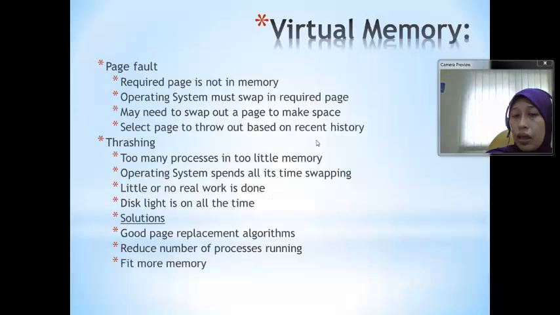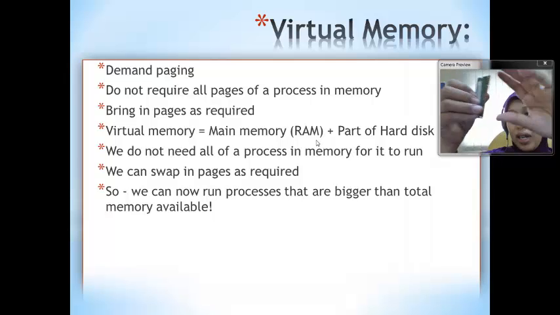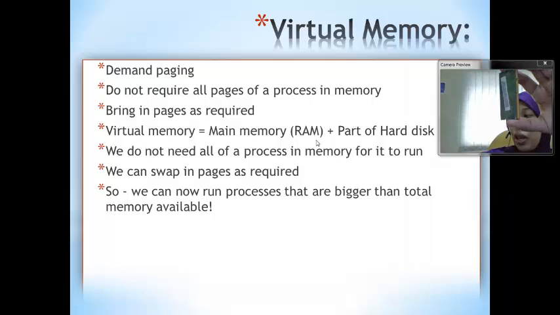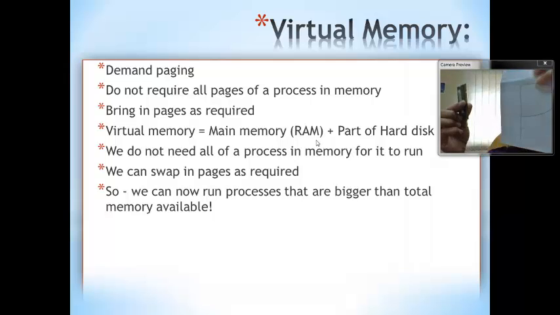So let's say you have a memory here. This is your memory, and you have a program. Let's say that the program is too big, and your memory is quite small, so there's not enough space for your program.